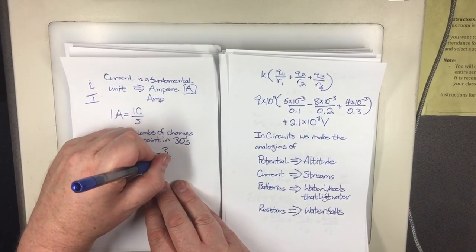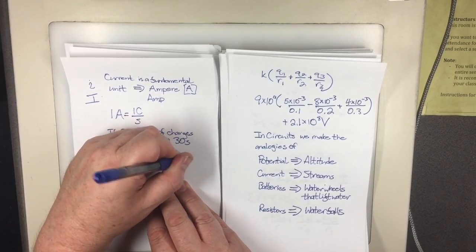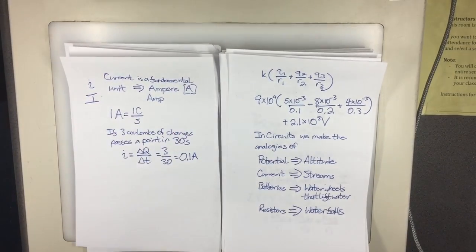So 3 divided by 30 is 0.1 amps. In terms of scale, the current flowing through your heart to control it is on the order of microamps to milliamps. So if you deal with current on the order of amps, like the wires in your house, you can seriously mess stuff up.